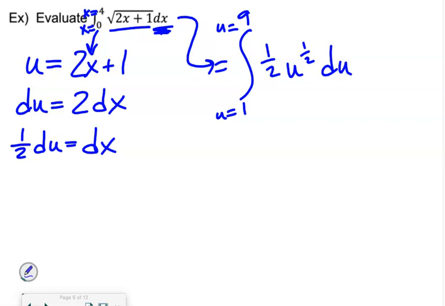Could you maybe keep it all as a general integral and then put the limits in later? Can't you just rewrite this without any limits?